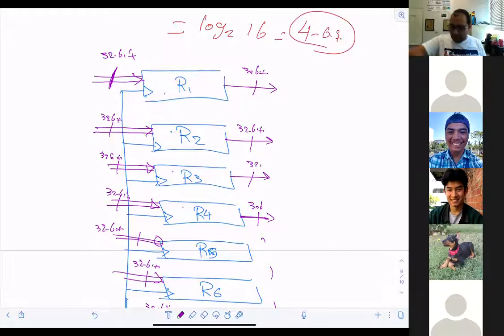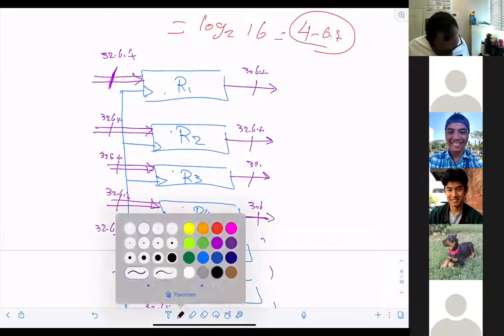The existence of the enable will activate it. That means the register will start moving the input to the output. Do you guys agree? So I'm gonna add now an extra wire and I will call it enable.